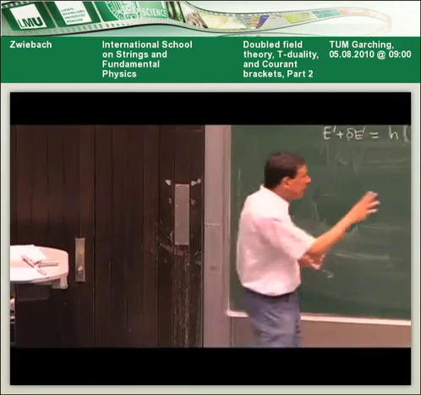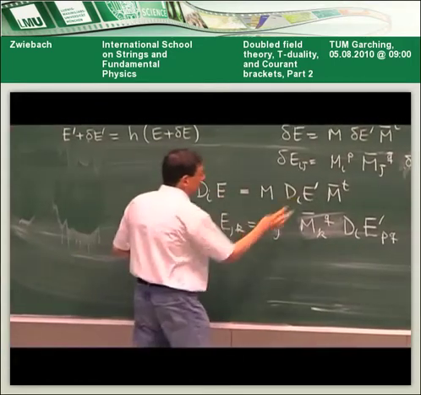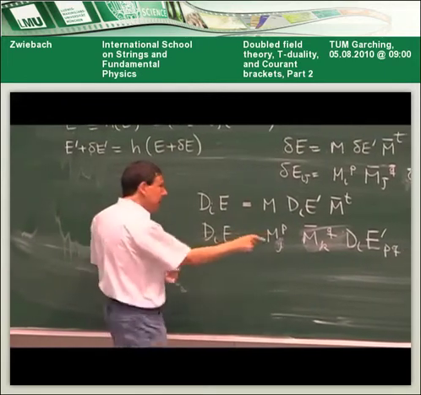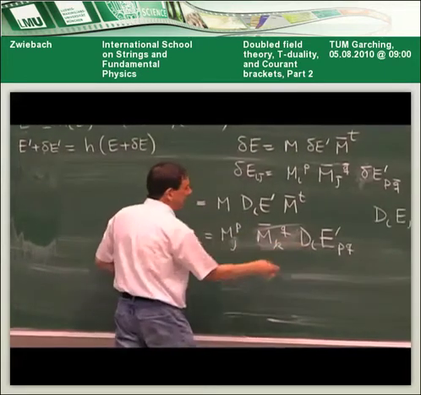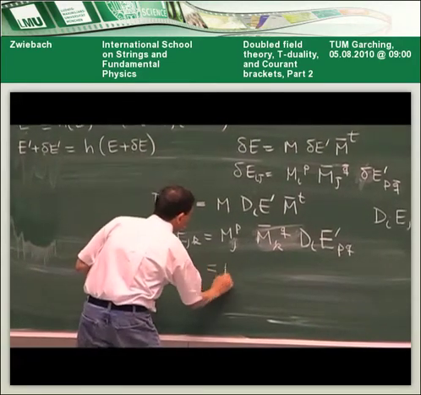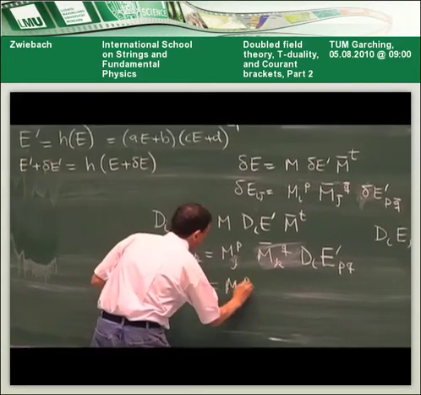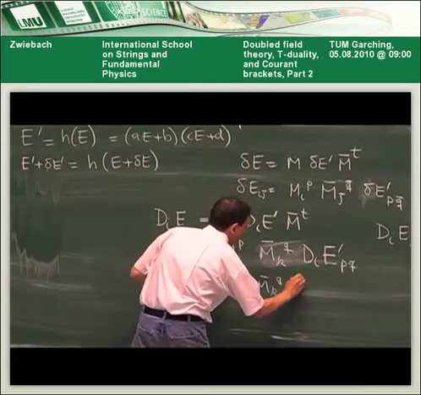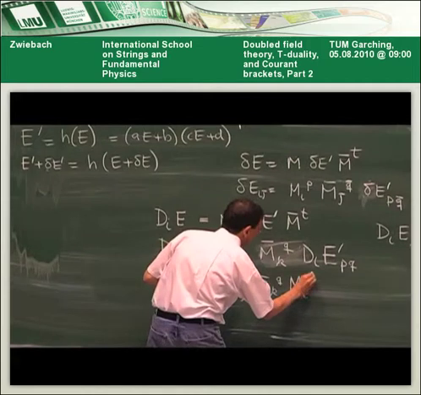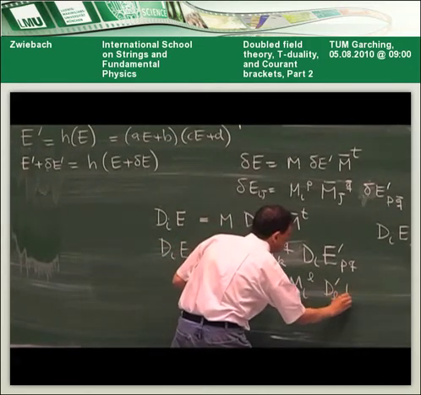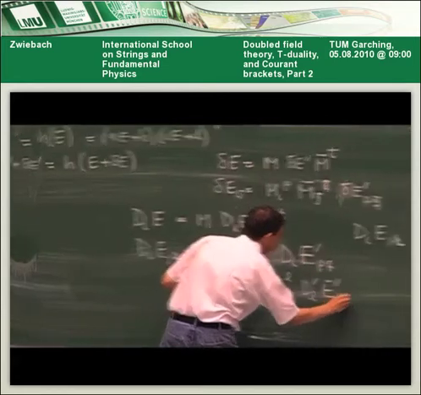You see, I didn't touch the di. You don't have to touch it if you don't want. But then at this stage, I can say, oh, di is this. So then you have m_{jp} m bar_{kq} m_{iL} d_L prime e prime_{pq}.